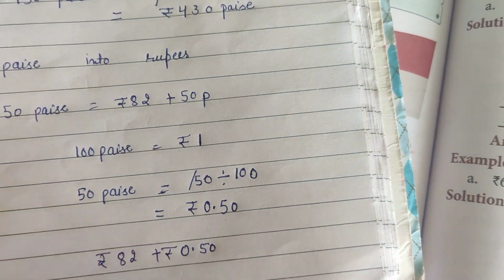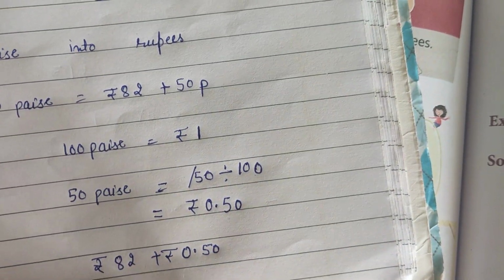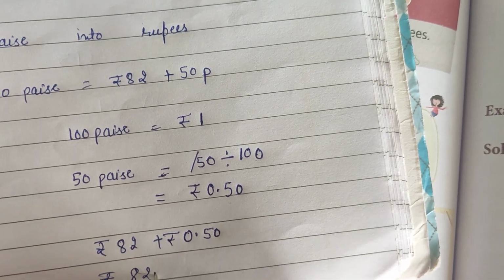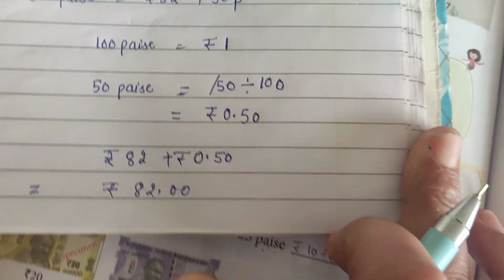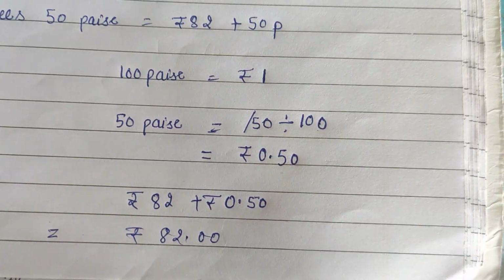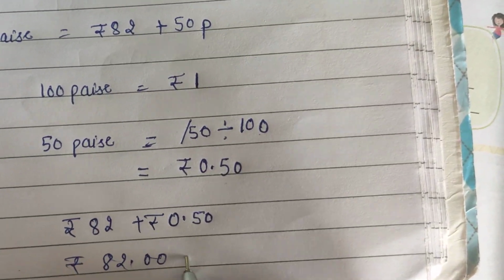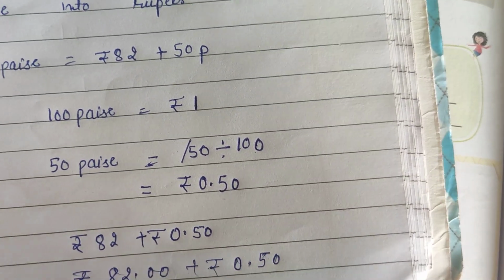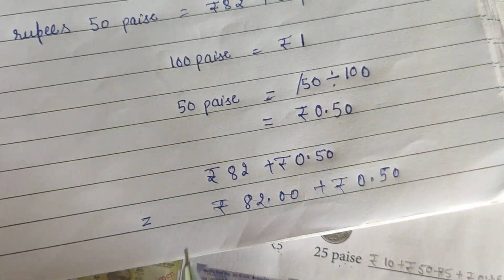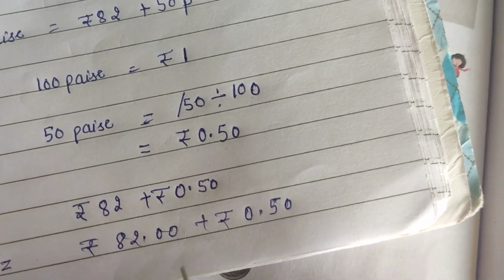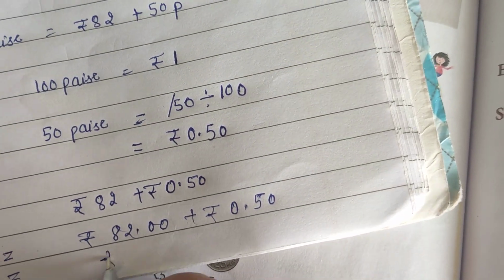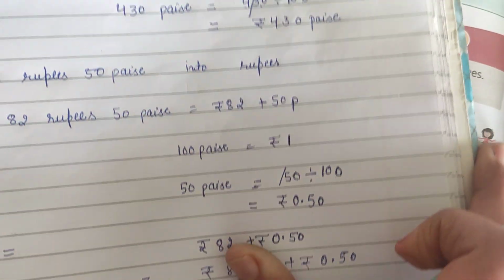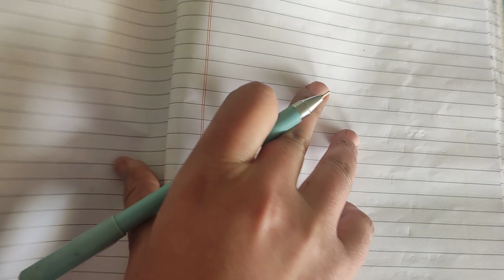Now how to do the addition of this type? You will write rupees 82.00 because in rupees 82 you have no paise. So you write this plus rupees 0.50. Now do the addition. This is equal to rupees 82.50.